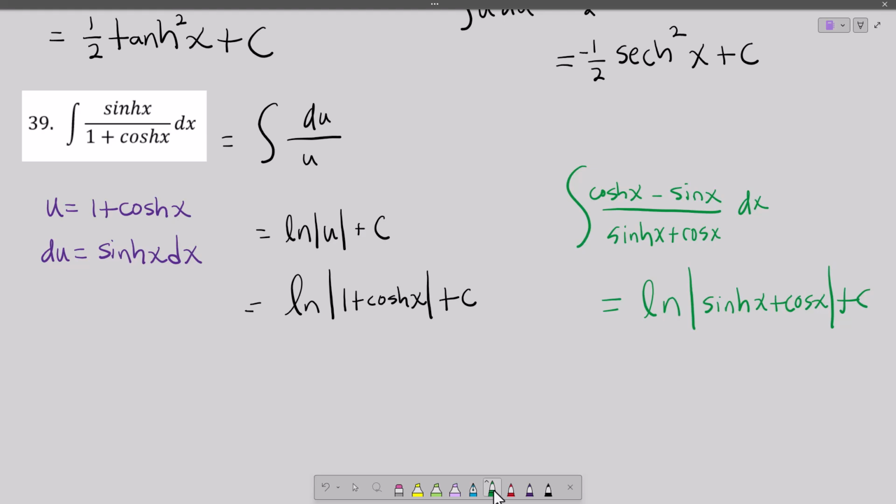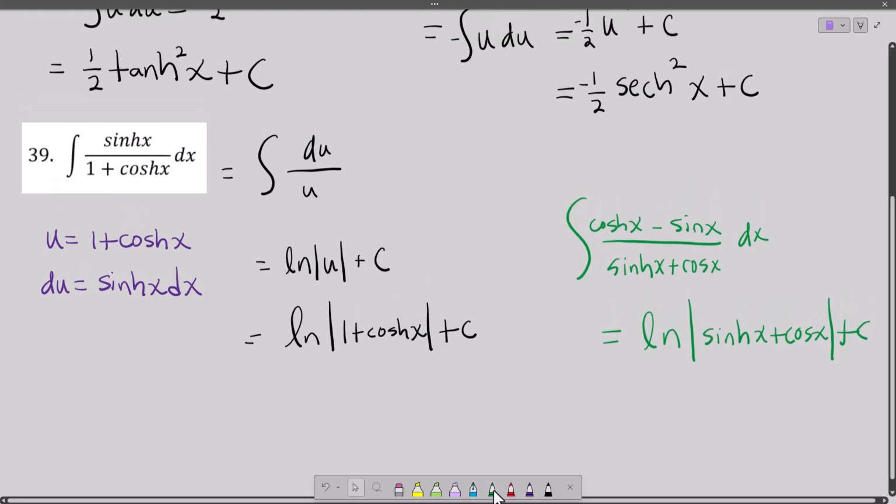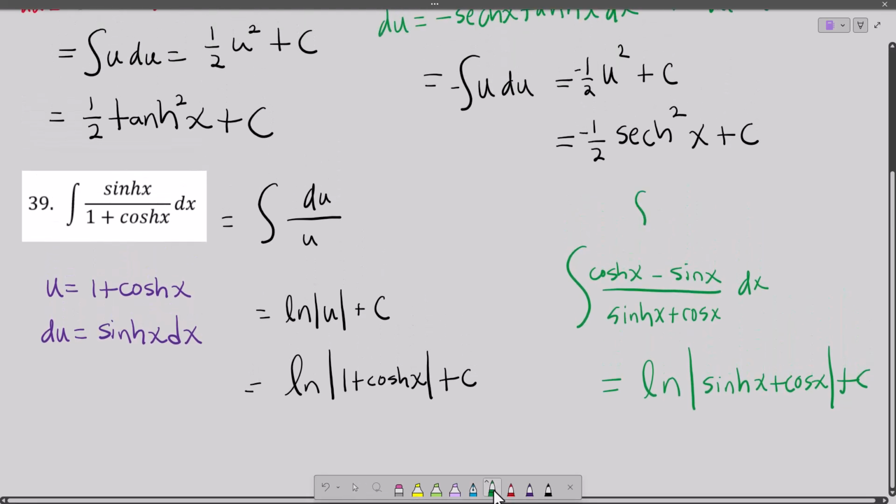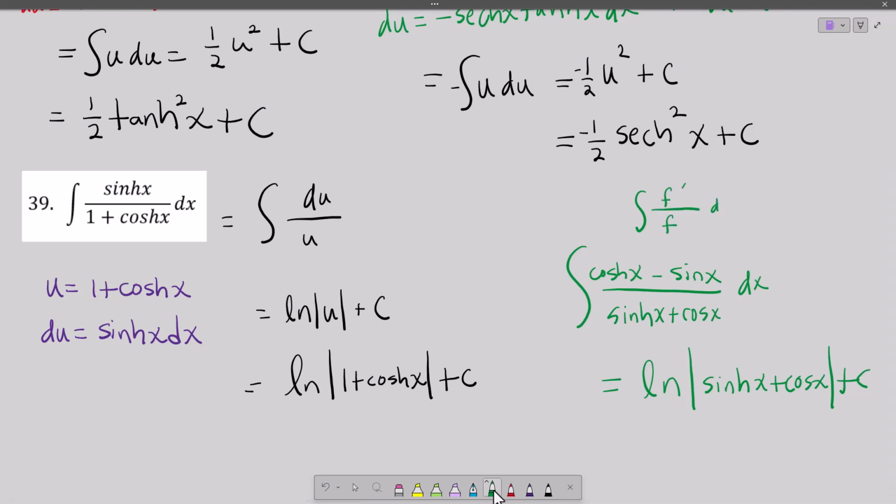So you always end up with du over u. So if it's in log form, you can always cut to the chase. And again, log form is the integral of f prime over f. So if you have this scenario, this will always turn into natural log of the absolute value of the denominator, every time. Universal truth.